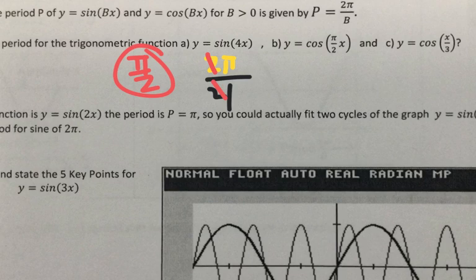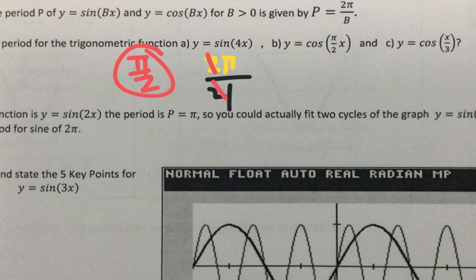So this graph is going to reach its high point. It's going to be back down here. It's going to reach its low point. And it's going to be back here in pi over 2. It's done one full cycle in a shorter time frame. Pi over 2. So in that same 2 pi, I'm going to reach the high point, back down, low point, here.